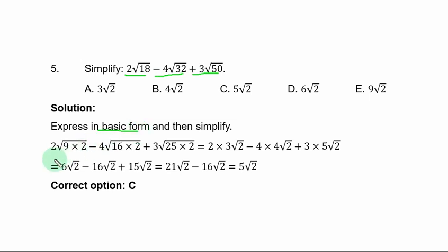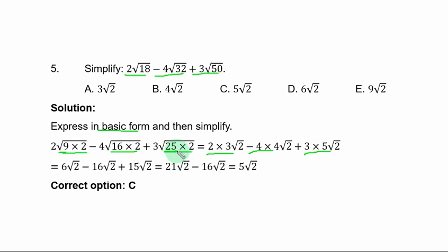So for 18, you have 9 times 2, 32, 16 times 2, 50, 25 times 2. Now, if you evaluate root 9, it becomes 3. So you have 2 times 3 root 2 minus 4 times 4 root 2 plus 3 times 5 root 2.